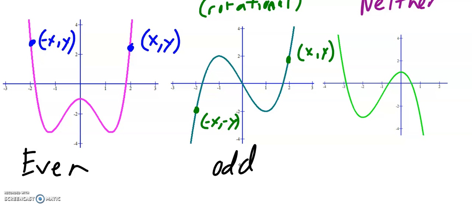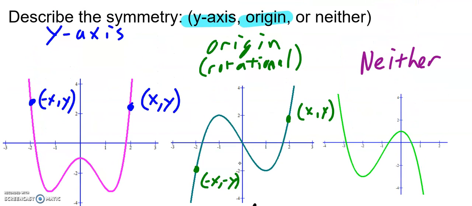We can determine this analytically by doing some algebra, using the same thing that I just talked about here, where for even or y-axis, for every x, y, I have an opposite of x, y point, and for origin, for every x, y, I have an opposite of x, opposite of y point. However, the easiest thing to do is just look at the graph. So that's how we're going to do it here.